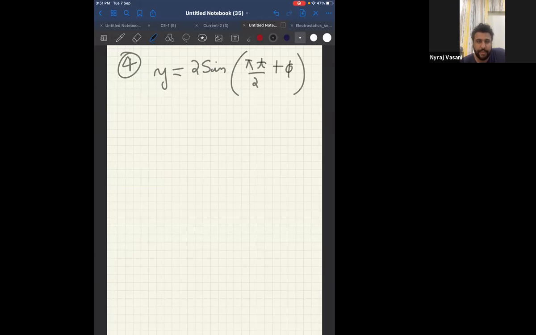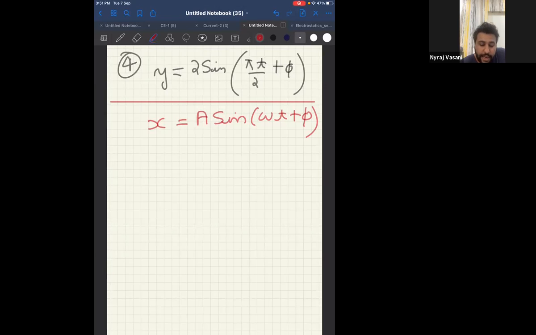2 is in centimeter. Now, if I compare it with my general equation for displacement, tell me what is my general equation for displacement? X is equal to A sine omega t plus phi. Can I say this is my general equation of oscillation? If I compare my general equation of oscillation to the given equation, can I say A will be equal to 2?